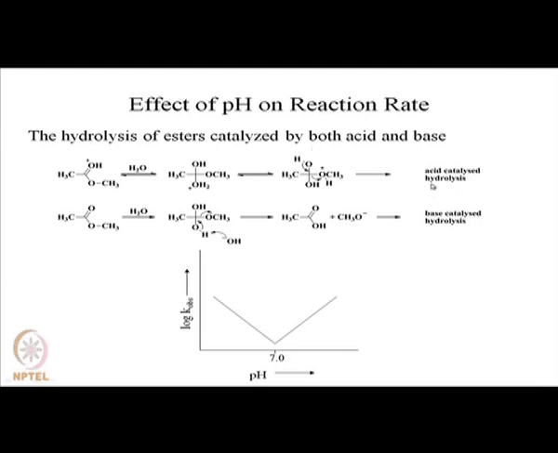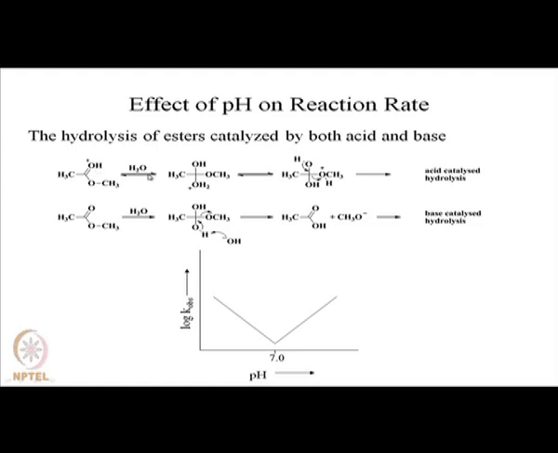In one case let us concentrate on acid catalyzed, in the other case on base catalyzed. Acid catalyzed reaction: you see this one, CH3COOCH3, the protonated form.